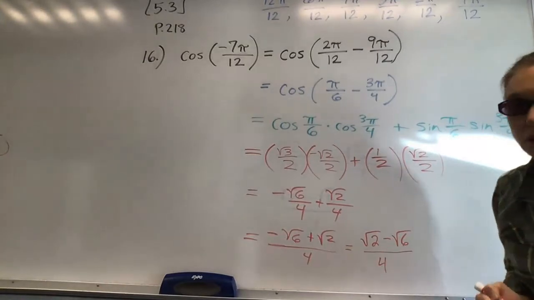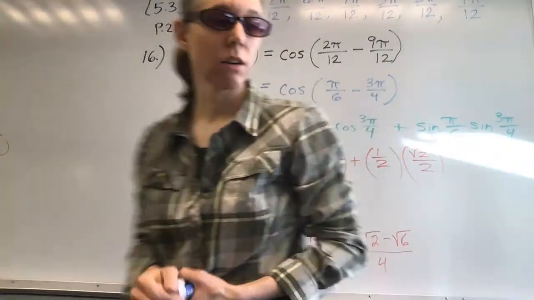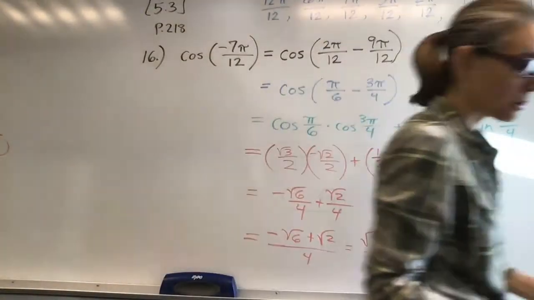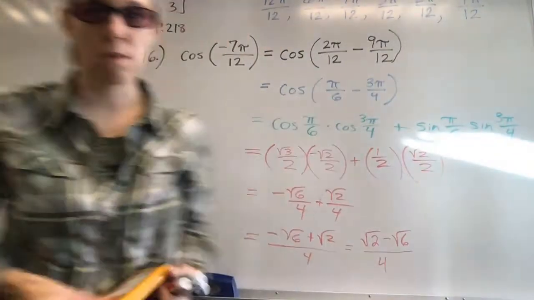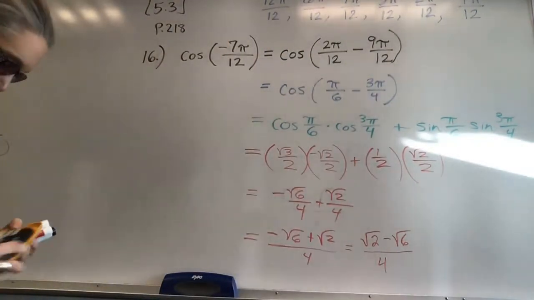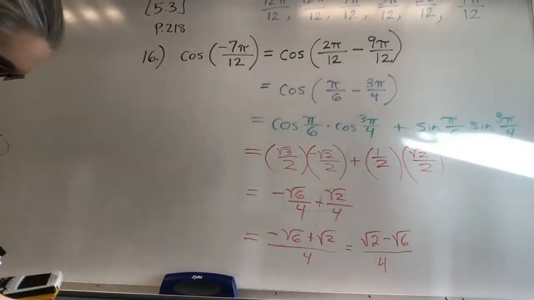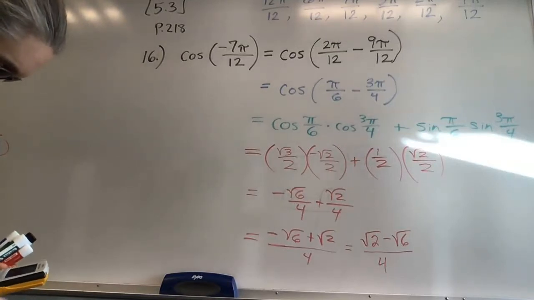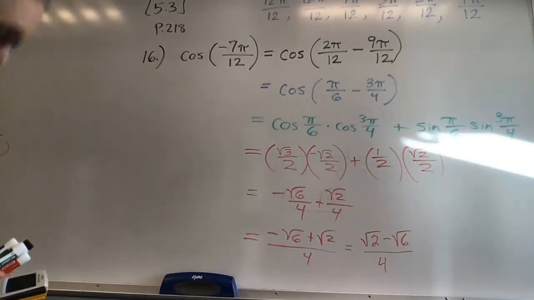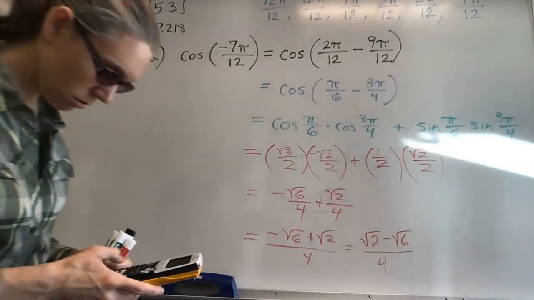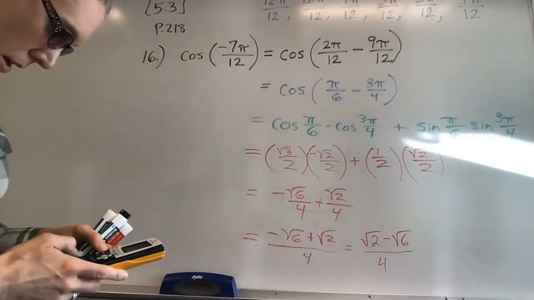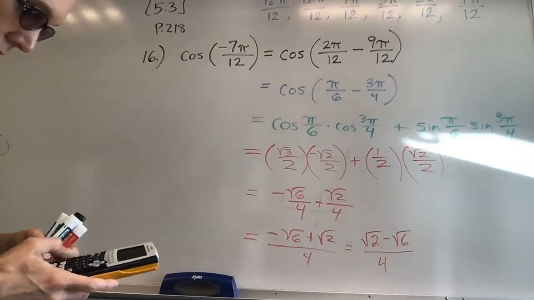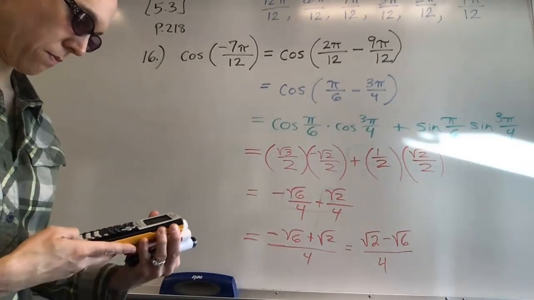Now, if you ever want to check your answer, you can check it on the calculator by getting decimal approximations. If you put your calculator in radian mode, I'm going to type cosine of negative 7 pi divided by 12.